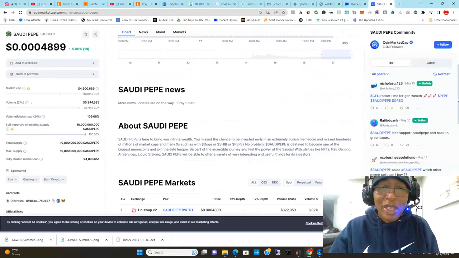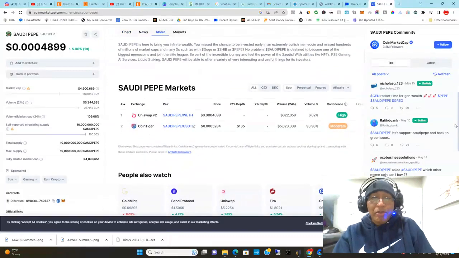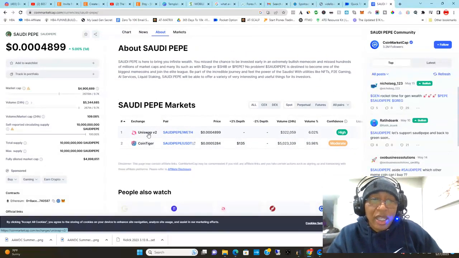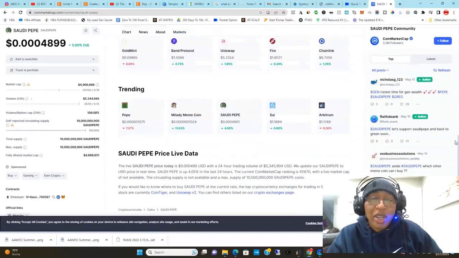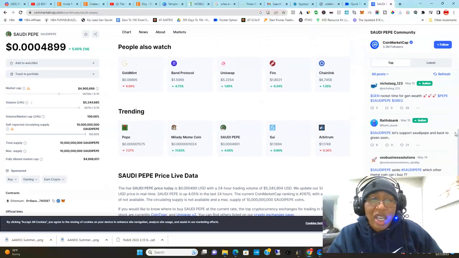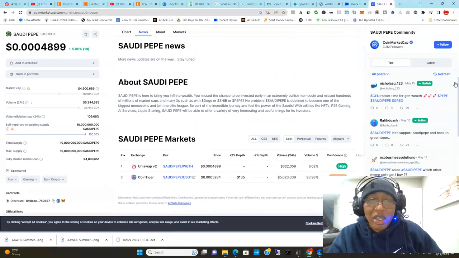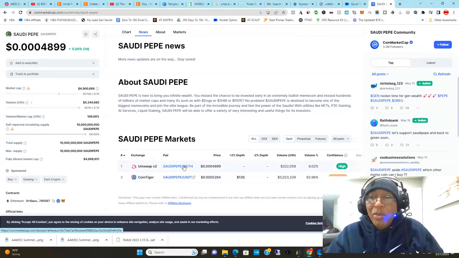They pump these up and then they start dumping, and that's when most people lose money. But using the Uniswap platform, you can swap these coins or you can stake these coins. You can provide liquidity, and that's how you make your money, by providing liquidity for those tokens. Then you can make money that way.